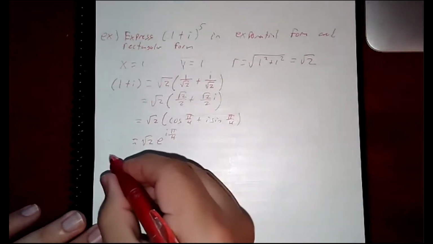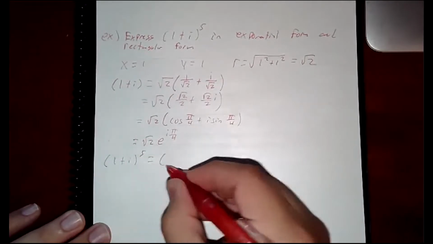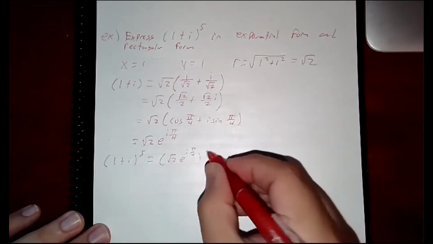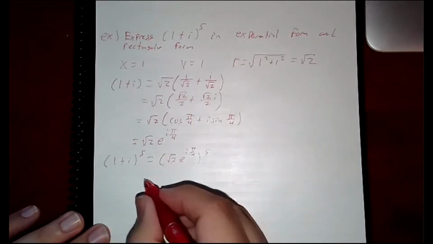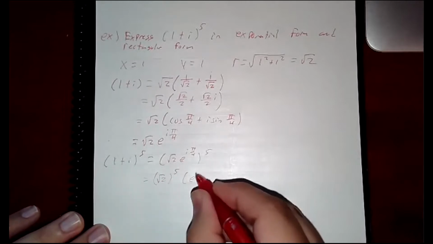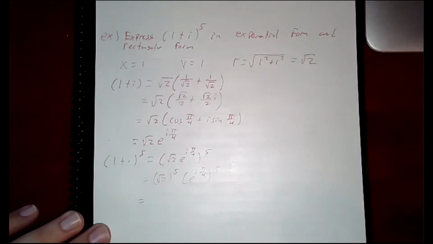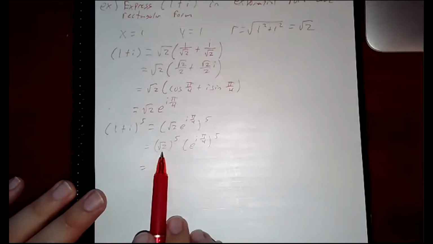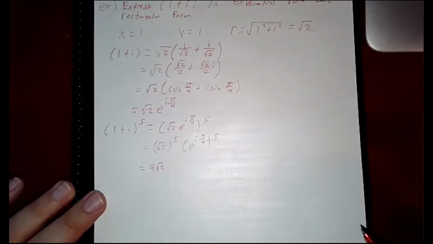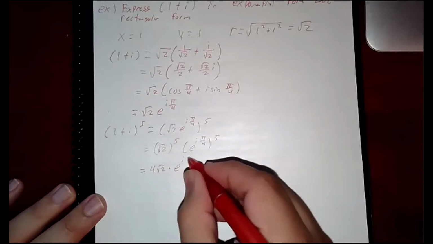So now we can say that 1 plus i to the 5th is equal to square root 2 e to the i pi over 4, to the 5th, which would end up at root 2 to the 5th times e to the i pi over 4 to the 5th, which will give us 2 root 2 is 2, 4 root 2, times e to the i 5 pi over 4.